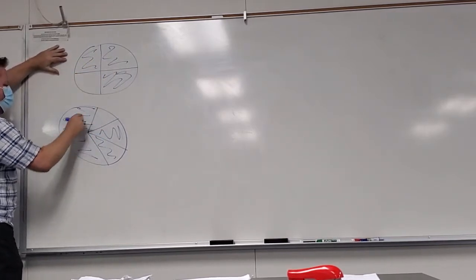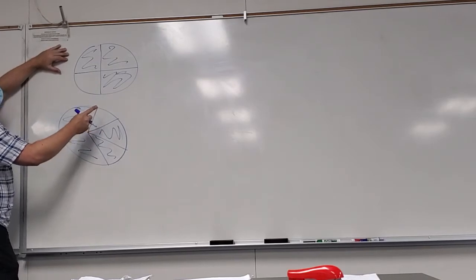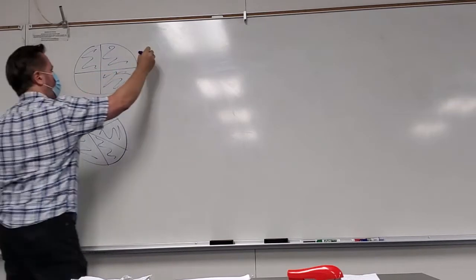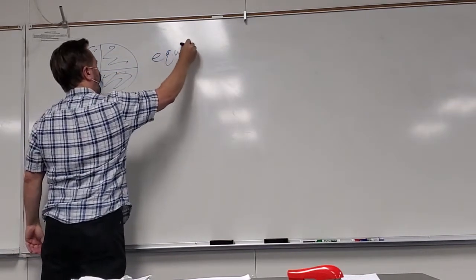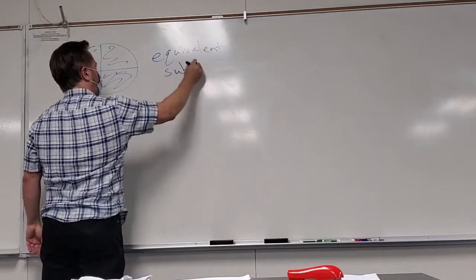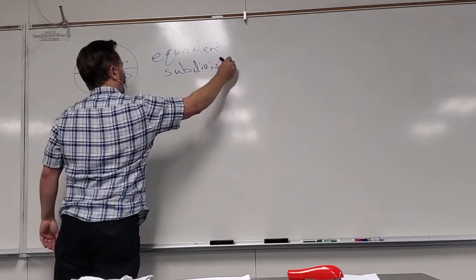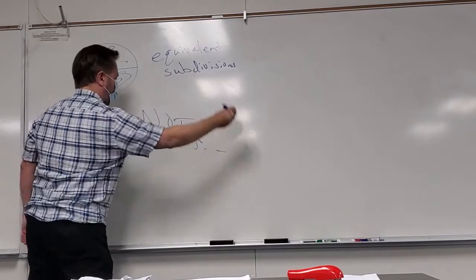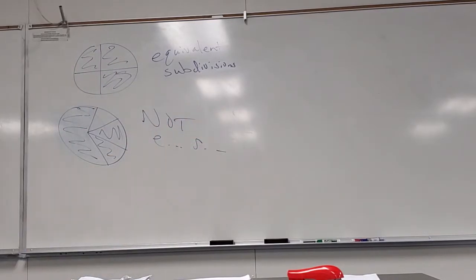And every piece here is not what? Evenly, okay, I like it. Evenly sliced, they're not equal. So these are equivalent subdivisions. And these, of course, are not equivalent subdivisions. Okay. Good.